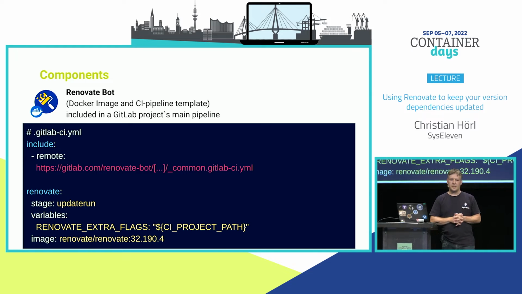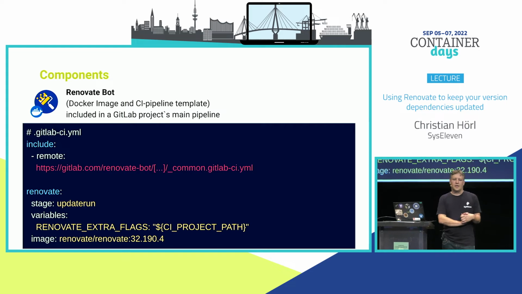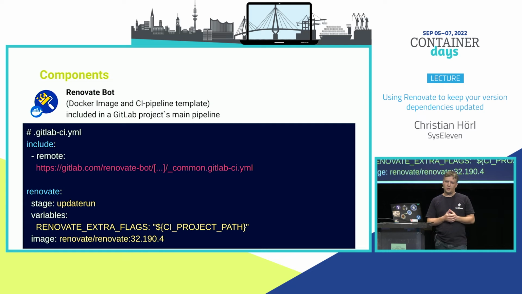We integrate this. And the second one is we integrate a job for Renovate, running it in its own stage called update run, call it whatever you like. And we need an image. Also, Renovate, as I mentioned before, updates its own images, of course.